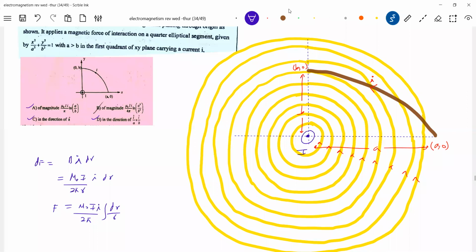Shall we put limits from A to B? Log B by A will come. Sorry, effective length should be B to A.